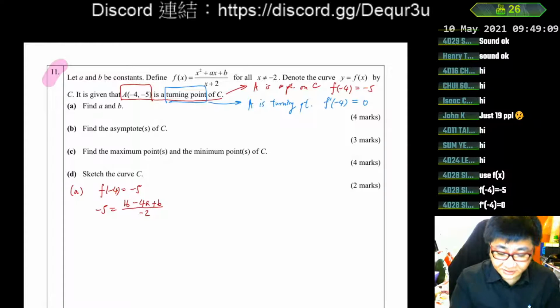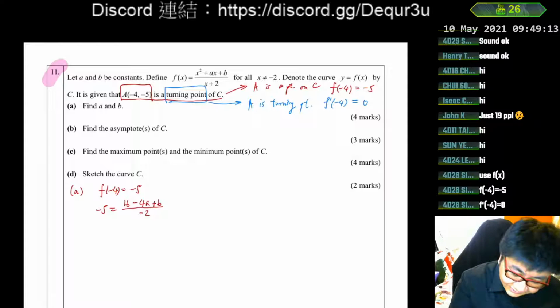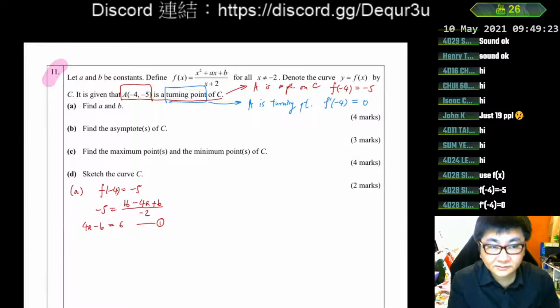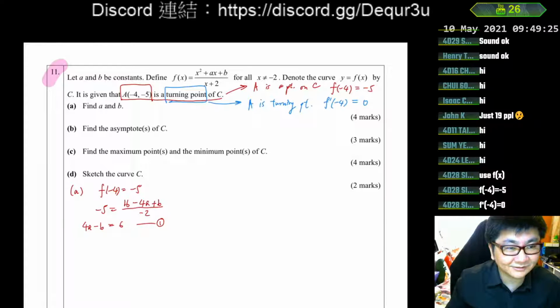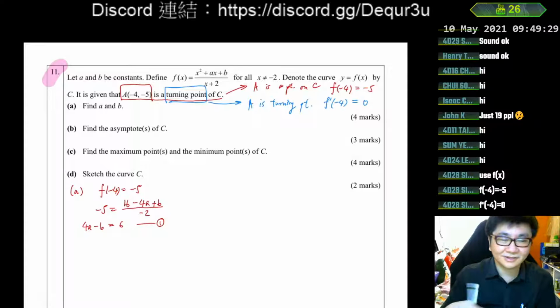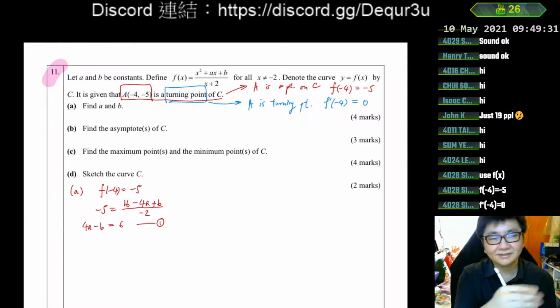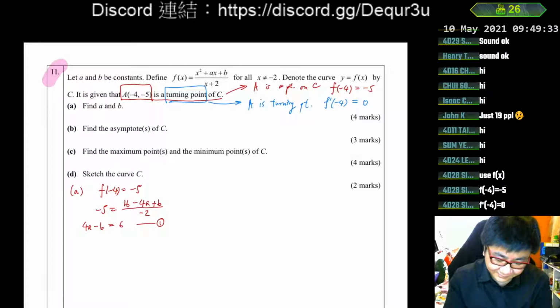We arrange it because later we will need to solve the equations, so it is better to rearrange it. And so we have 4a minus b equals 6. I hope it is not too fast for you, as I'm just doing rearrangement, moving the denominator and rearranging the terms.